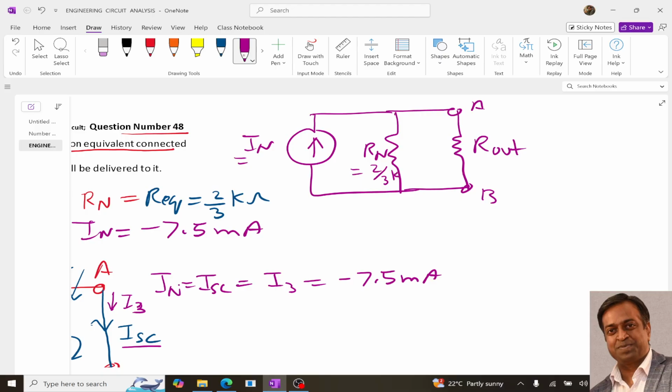And IN is this minus 7.5 milliamperes, right? Now since it is minus over here, to remove this minus we can change the direction of this current source to downward and we will make it plus. So this is our Norton's equivalent circuit.